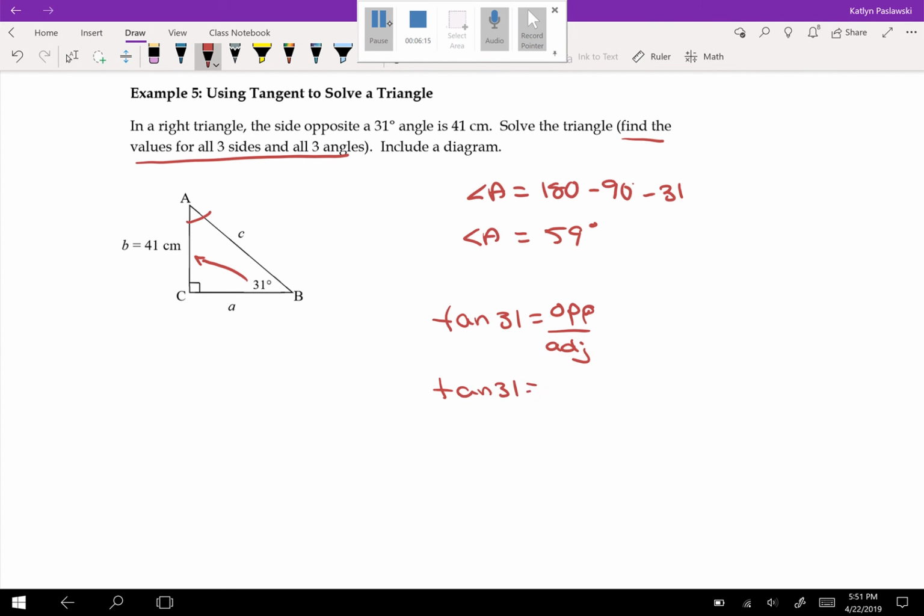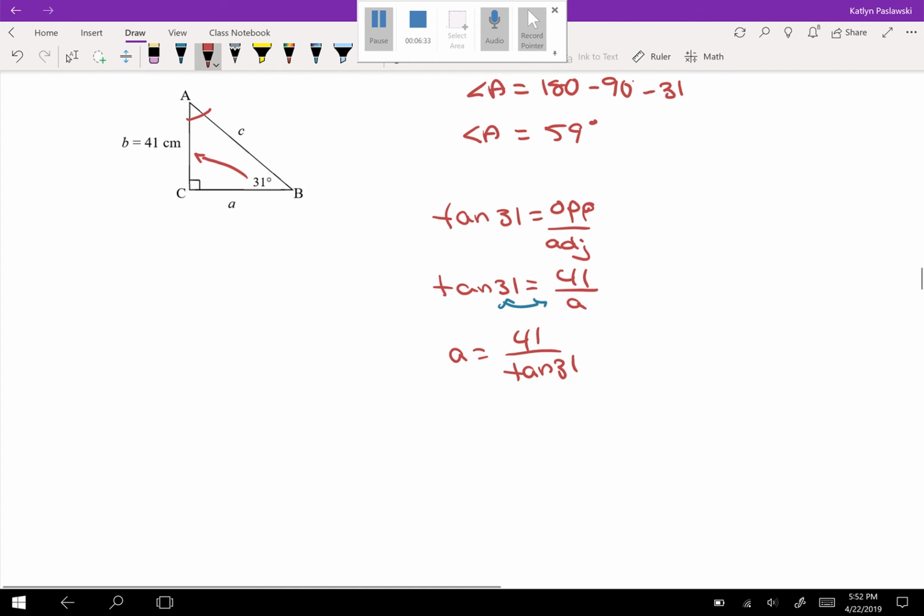So tan 31 is equal to 41 over adjacent, or in this case, it's called A. We're going to swap our values here when the unknown is on the bottom. So A is equal to 41 divided by the tan of 31. So using our calculator, 41 divided by tan 31, the value of A is equal to 68.2 centimeters.